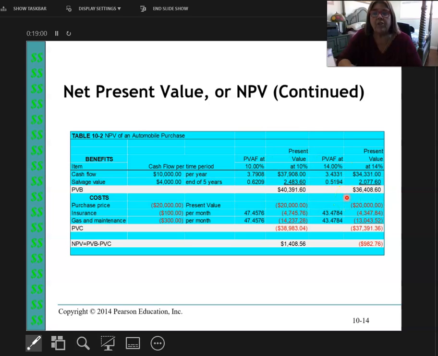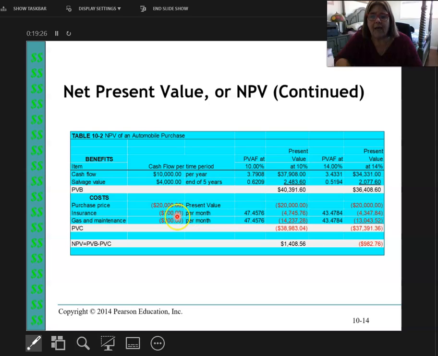Now let's look at how much I'm going to pay. It costs me $20,000, and the present value of $20,000 is $20,000 because it has nothing to do with the chart. I've got to put $20,000 out of my pocket today. It's going to cost me $100 per month for insurance, so I'm going to look at the present value of an annuity at 10%.